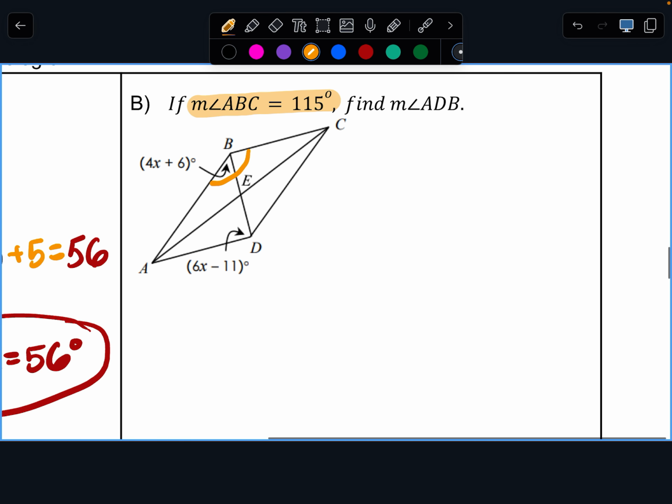That entire part is 115. It's asking us to find ABD, sorry, ADB, which is this. Remember, you're always looking for the middle letter. That's your vertex, and then the lines that extend to the other two letters.